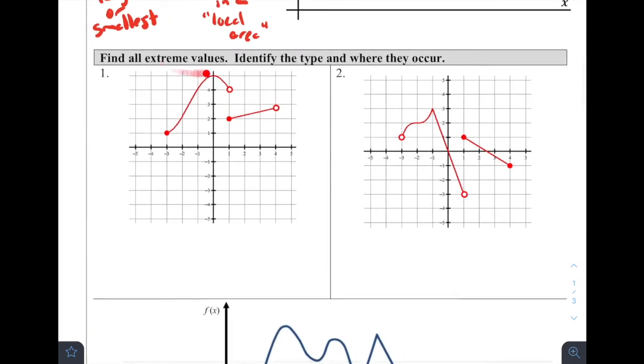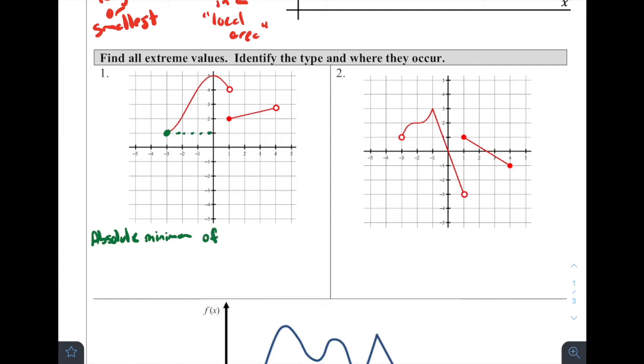Find all extreme values, identify the type and where they occur. So what do we notice? First off, we notice that there is an absolute minimum right here of 1.